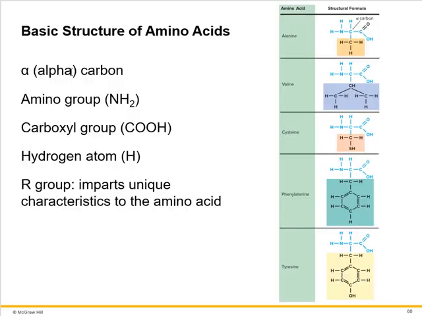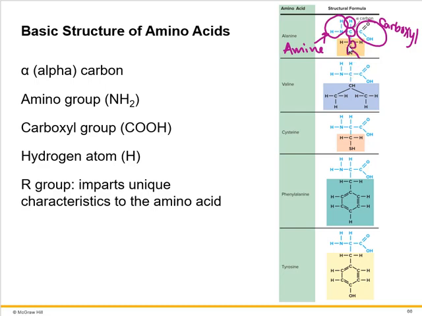Here you can see they have a basic structure with an alpha carbon in the center, and then a carboxyl group on one end and an amine group on the other end. So all of them have that basic structure of the amine group on one end and the carboxyl on the other end, and then they're both attached to this alpha carbon, which has a hydrogen attached to it, and then this is the rest of the molecule.